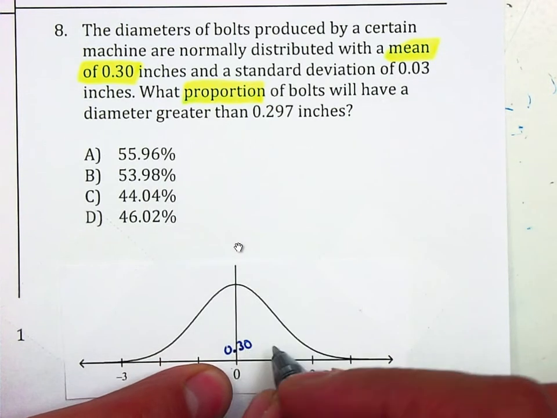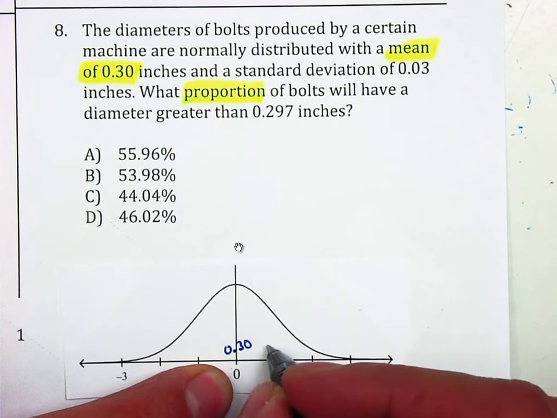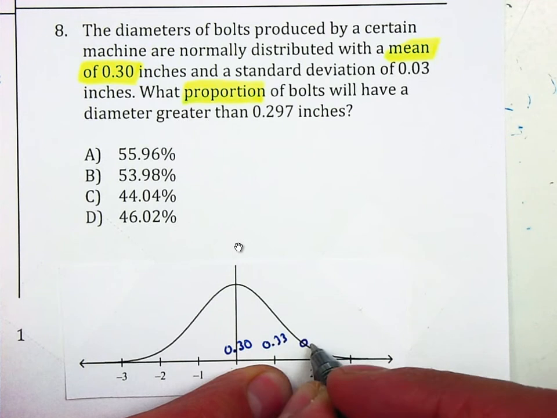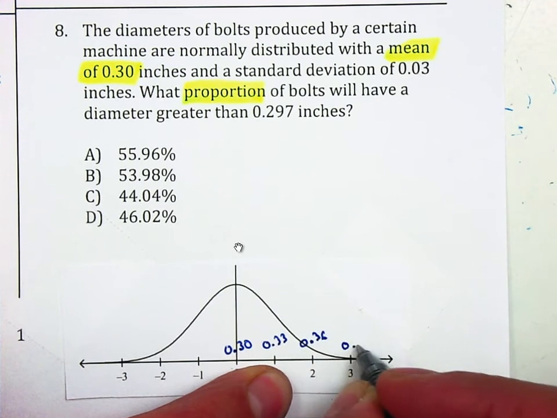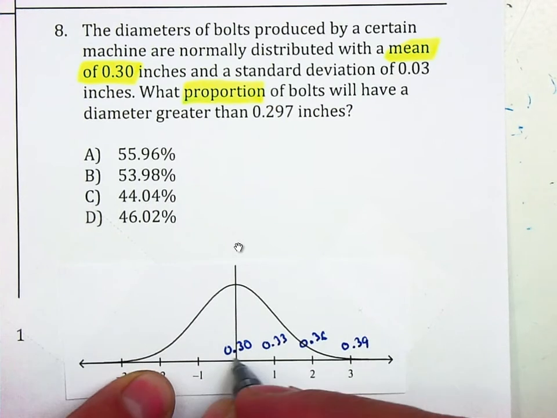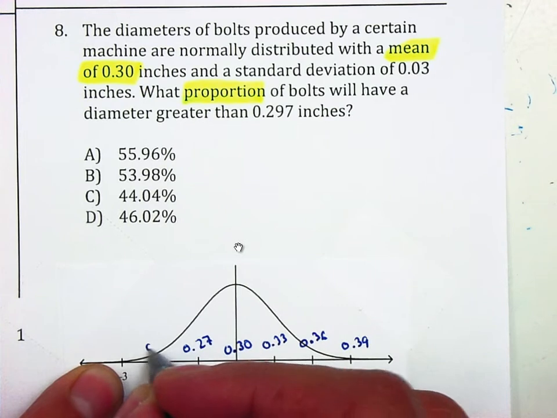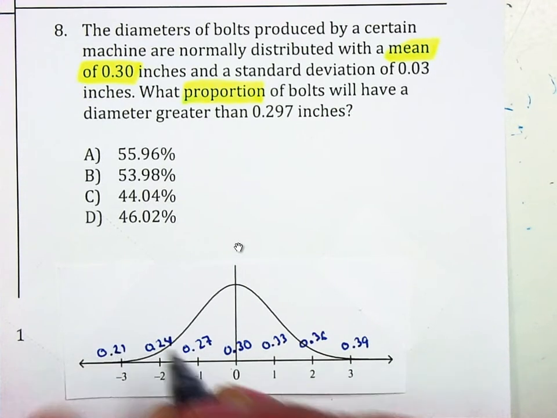So therefore this will be plus 0.03 will be 0.33, plus 0.03 or 0.36, 0.39. To the left will be 0.27, 0.24, and 0.21.